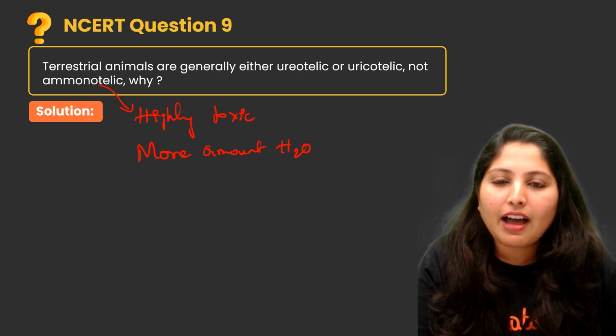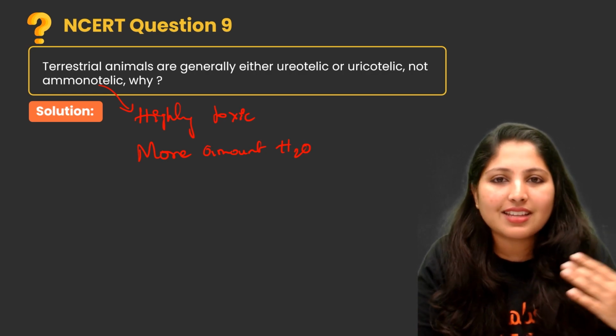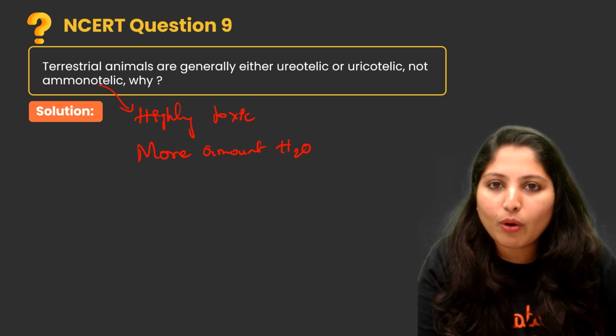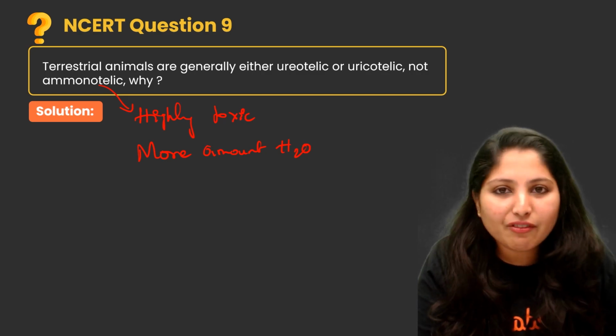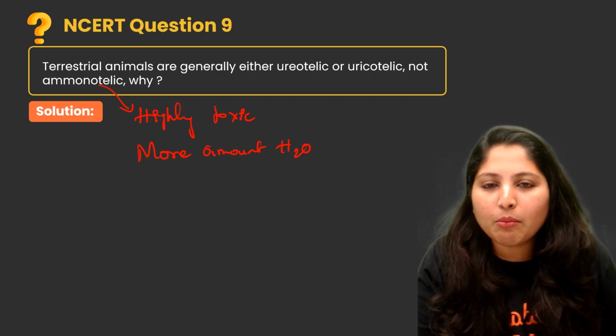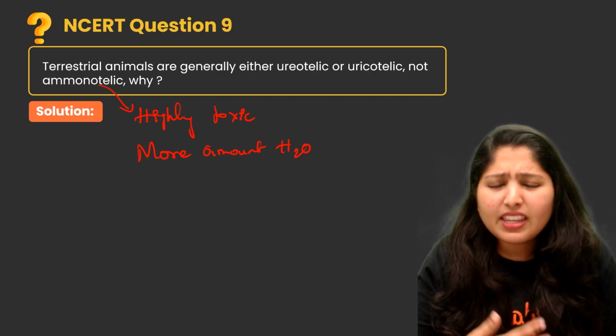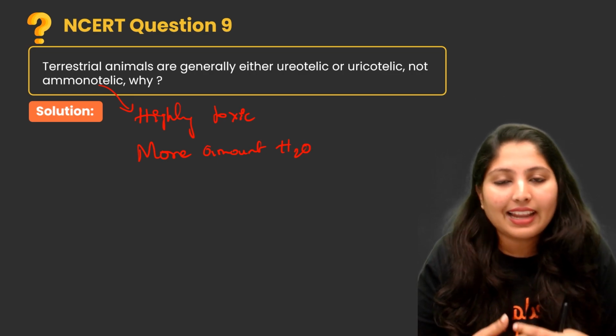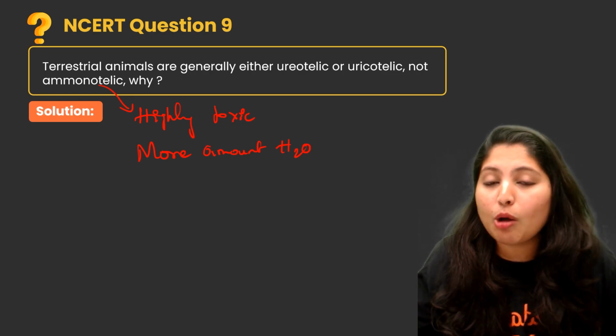For aquatic organisms, this is exactly opposite. The aquatic organism is living in the water, right? So they can release ammonia by having more and more amount of water. But terrestrial animals like us don't have that amount of water.